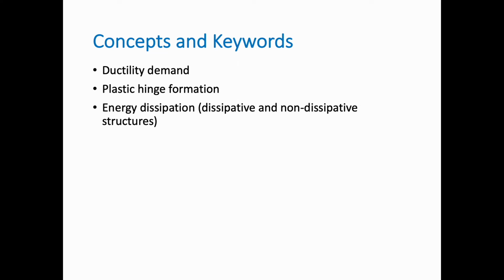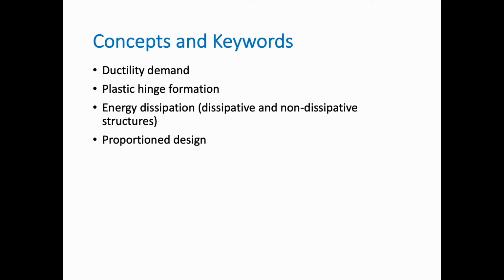Steel is a ductile material, so starting with that, we can clearly say that steel structures do behave well in seismic zones. Plastic hinge formation, as you have already told, is what we are looking at in order to dissipate the energy required. So there are dissipative and non-dissipative structures, and we need to be able to distinguish those.